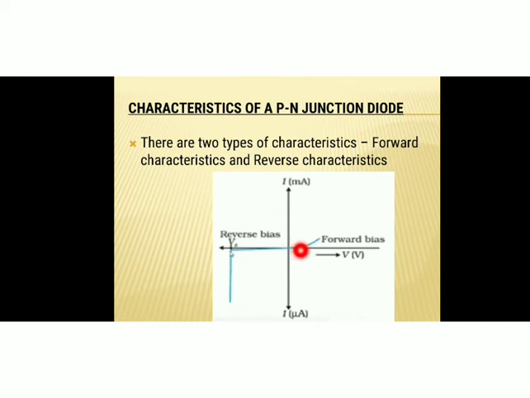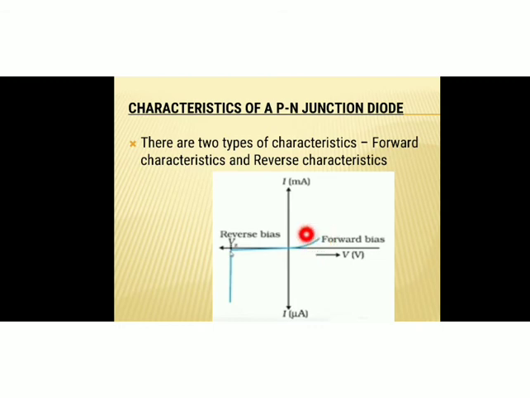Then as the external voltage is increased, initially current is 0. So even after applying a small voltage, current is 0. Now again, if we increase the voltage, current is 0. Only after the voltage crosses a certain value, current starts to increase.